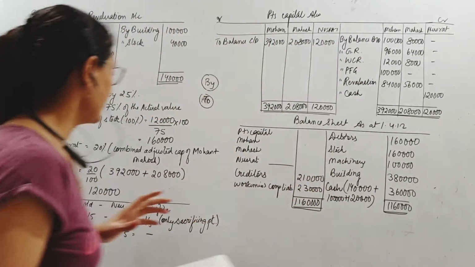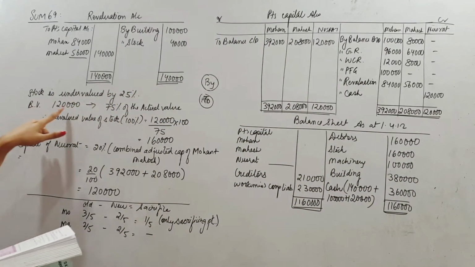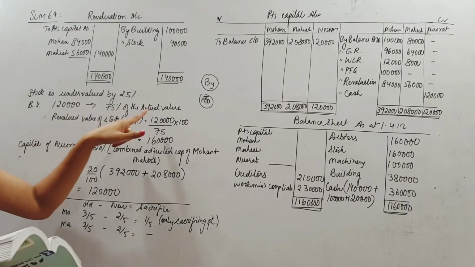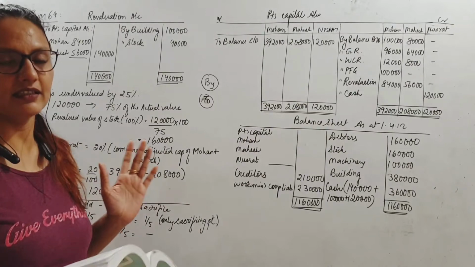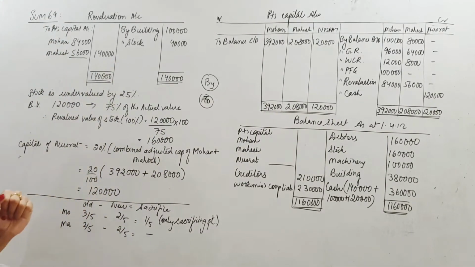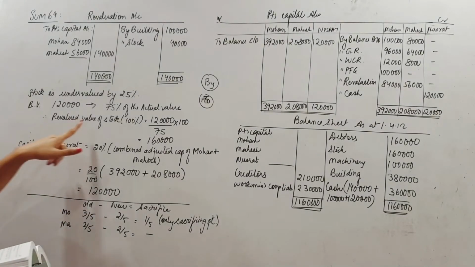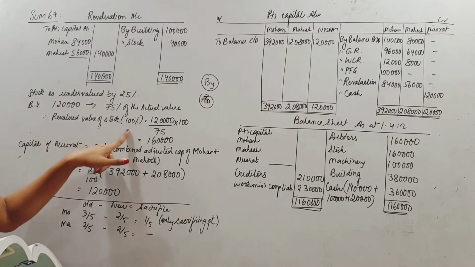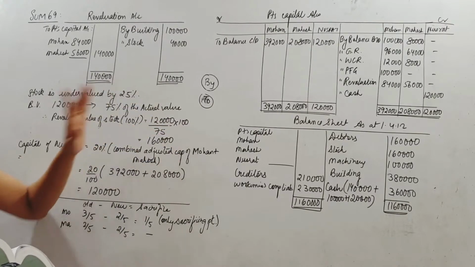So here I have shown you the calculation. Stock is undervalued by 25%, meaning the book value is 75% of the actual, increased value. Therefore, the revalued value of stock, which I am taking as 100%, is 1,20,000 divided by 75 into 100.